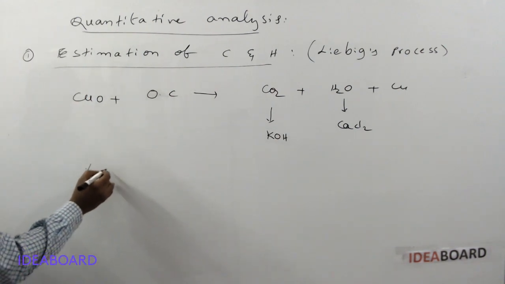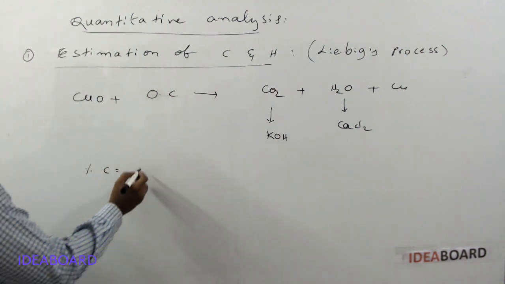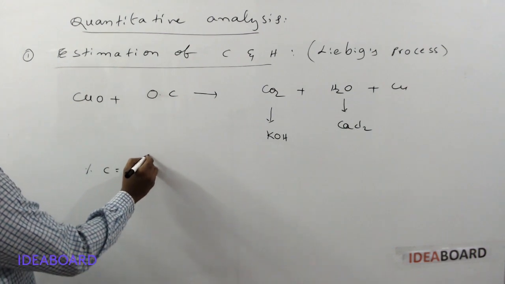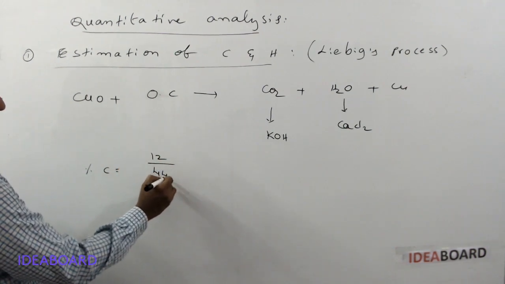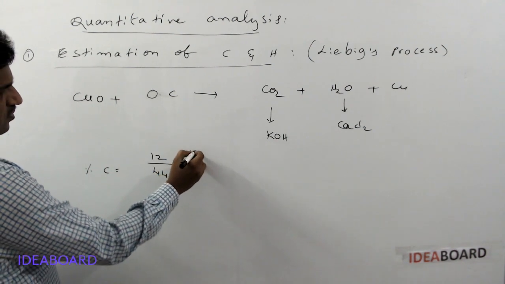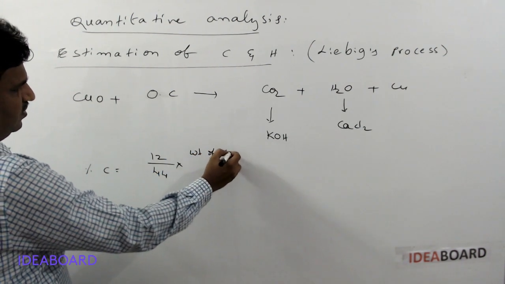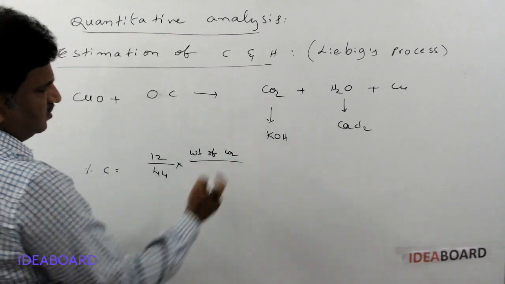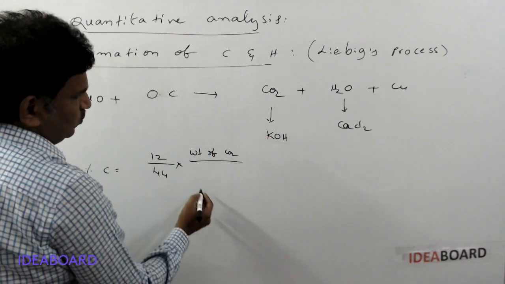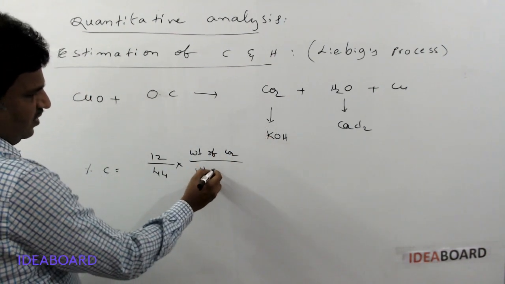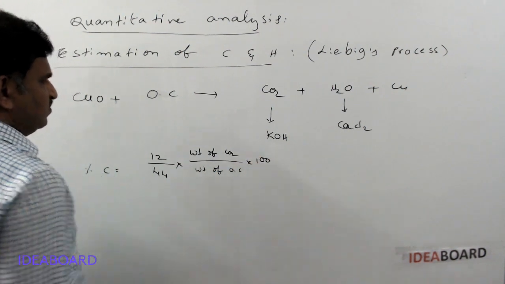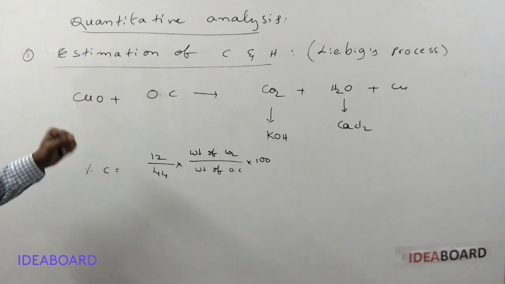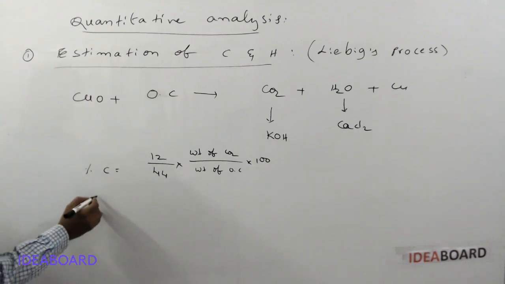From this, the percentage of carbon is calculated. Percentage of carbon equals the atomic weight of carbon, 12, by the molecular weight of CO2, into the weight of carbon dioxide measured in the KOH tube, by the weight of organic compound, into 100. That gives the percentage of carbon present in the given organic compound.